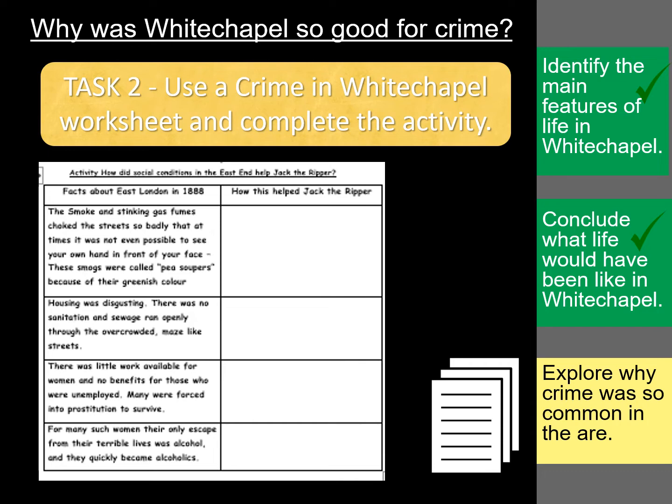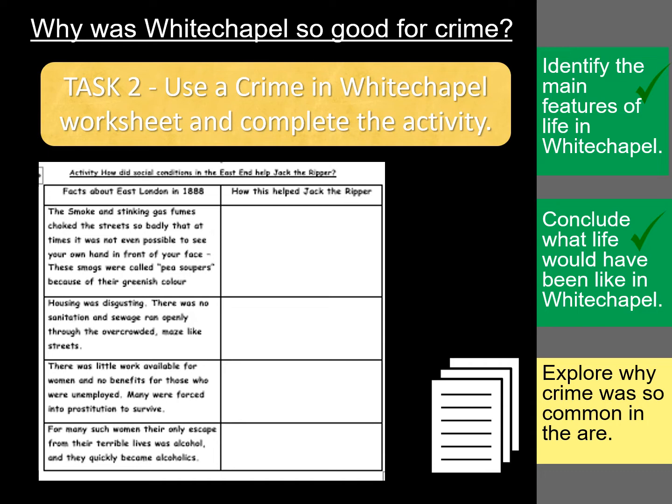So it's a table that gives you some facts about the conditions that we've just talked about in the East End and in Whitechapel, and we're thinking this time about why Whitechapel was so good for crime. So why did these particular things help Jack the Ripper commit the crimes that he did commit, so these gruesome, terrible murders?